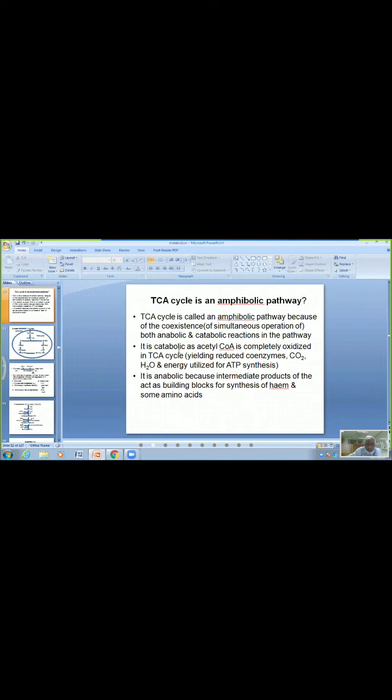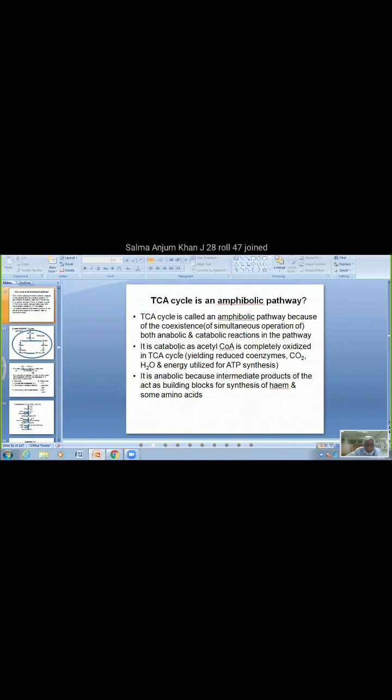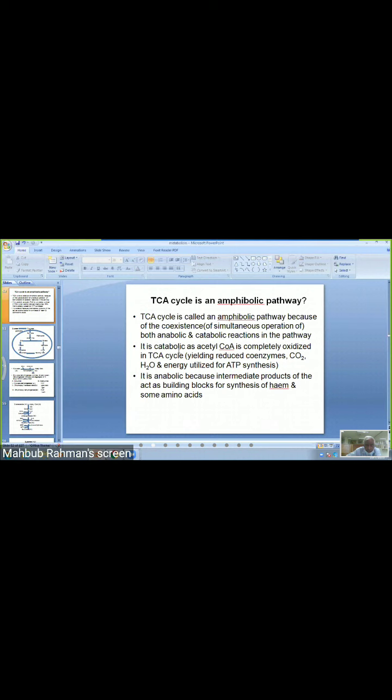It is anabolic because intermediate products of the TCA cycle, as for example succinyl CoA, alpha ketoglutarate, and oxaloacetate, are used for synthesis of some important biomolecules like heme.